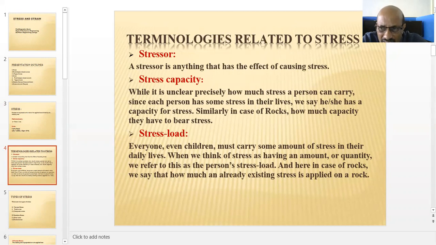In living, there are so many stresses, unwanted as well as wanted. Whether that object or human being can withstand that stress or not is called the capacity of the stressor.